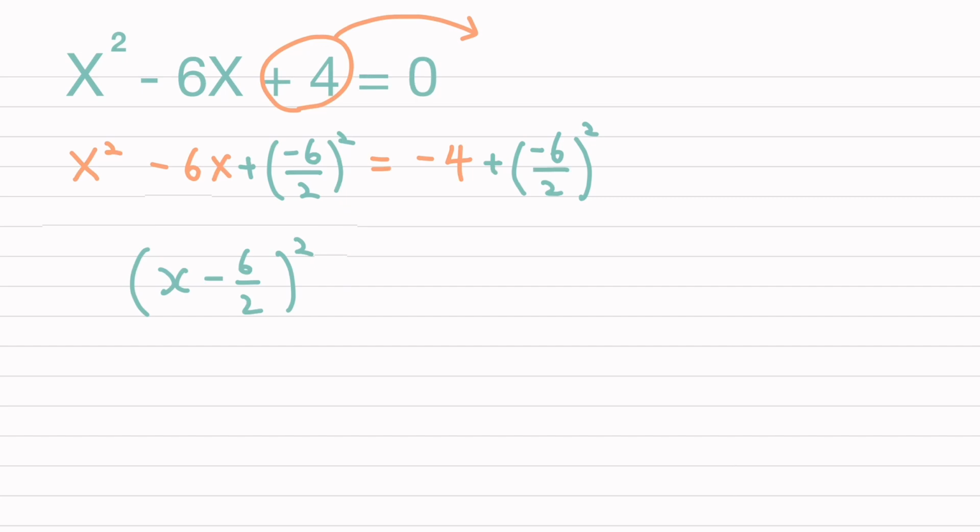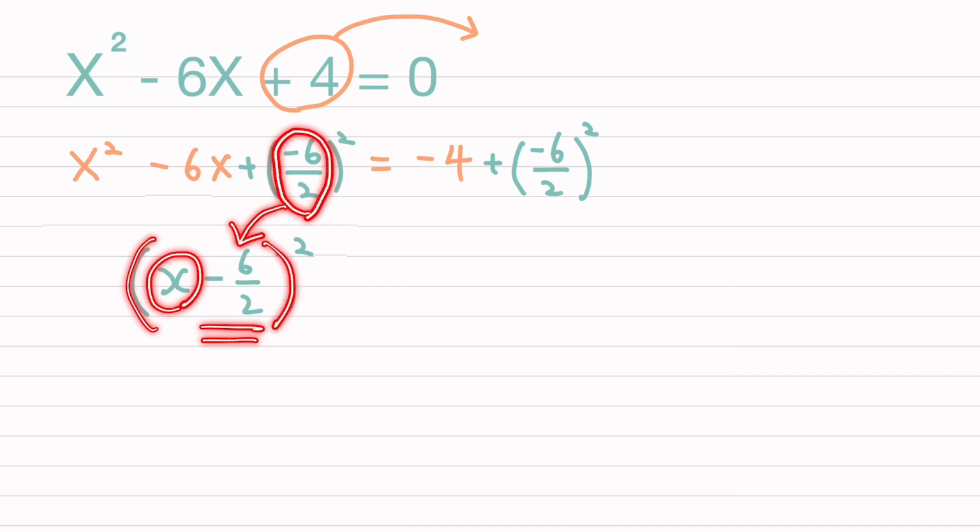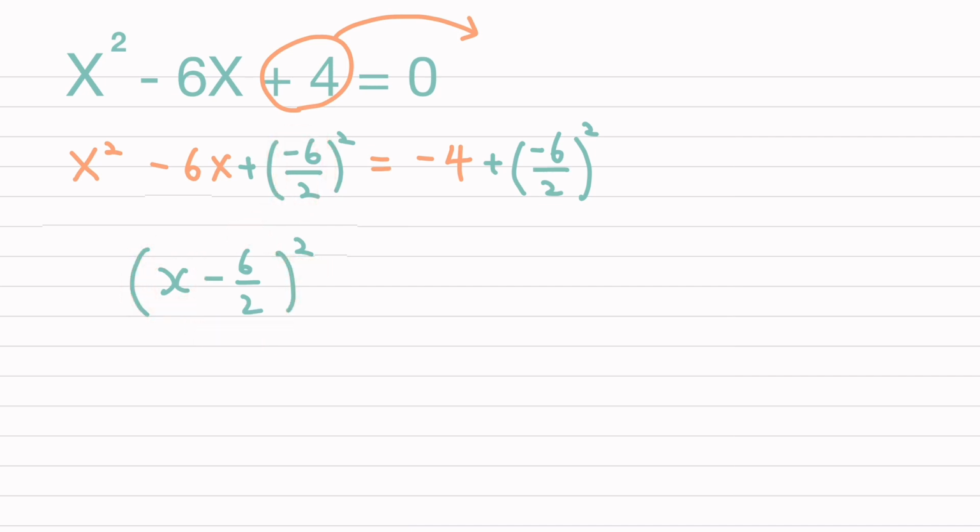So what you're doing here is taking this number and putting it right next to x and squaring the whole thing. That's equal to negative 4 plus, this is negative 3, and negative 3 squared is positive 9, so I'm adding 9. If I rewrite it, x minus 3 squared is equal to negative 4 plus 9, which is 5.